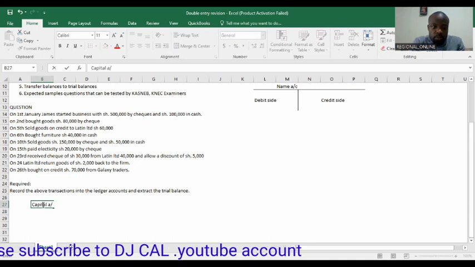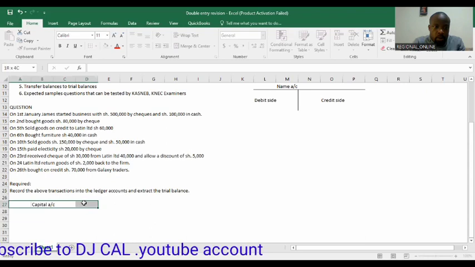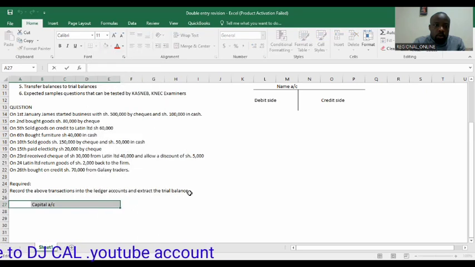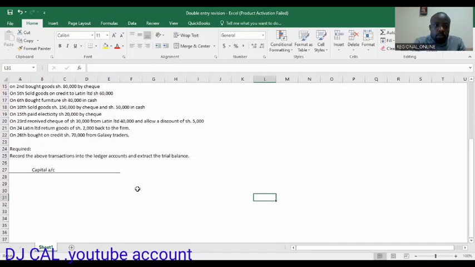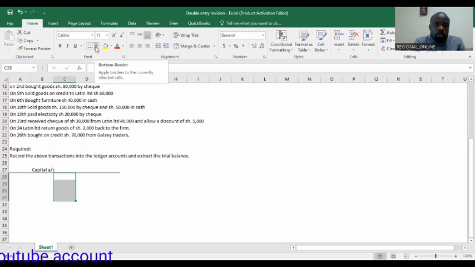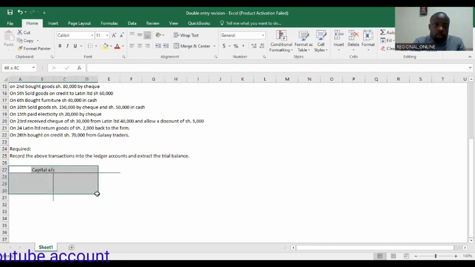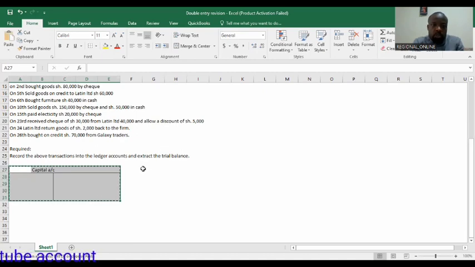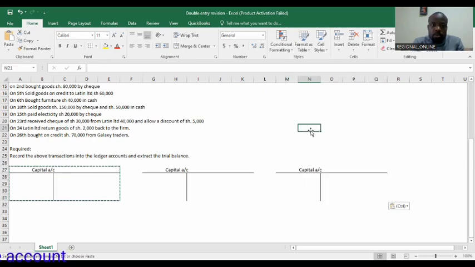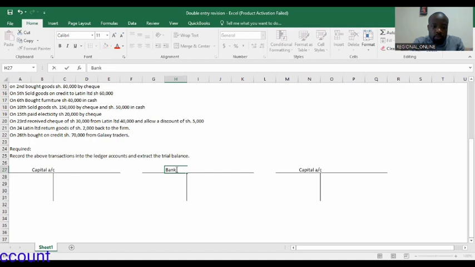I have the capital account. Then on the same day, that transaction has another two accounts that we need to draw and post: check, which means bank, and cash.